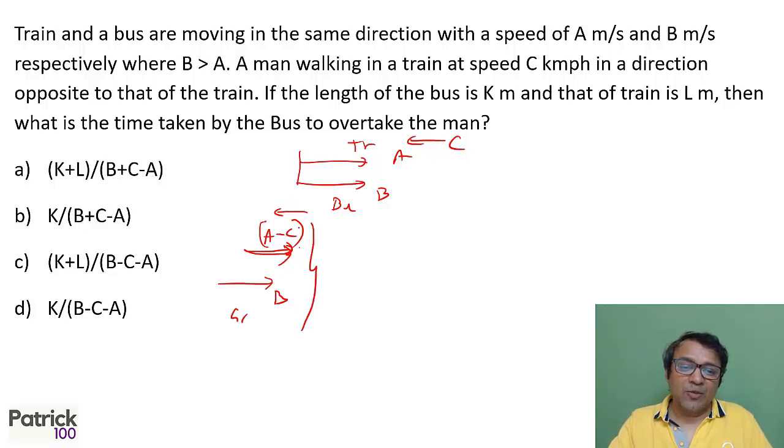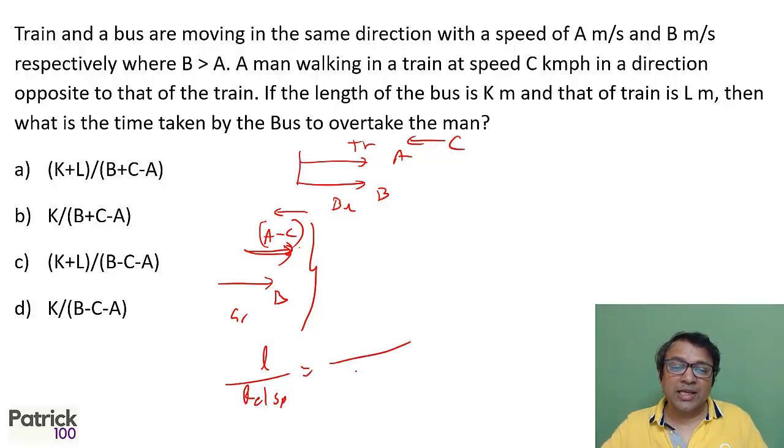Because they're going in the same direction, the net speed of both put together is the difference of the two. What's the time taken to cross? Time taken to cross is length upon relative speed. Because they're going in the same direction, relative speed is b minus a minus c, which is b minus a plus c.